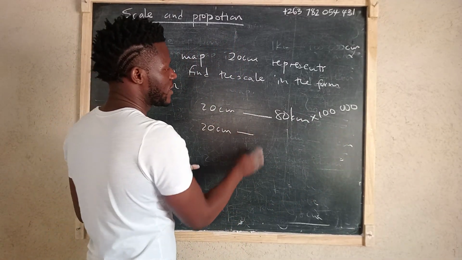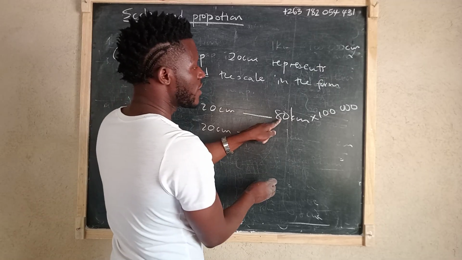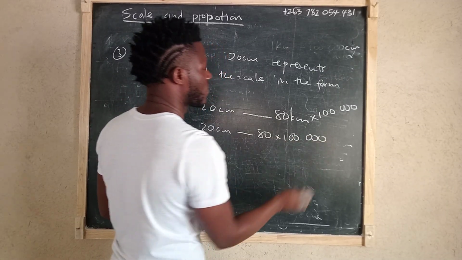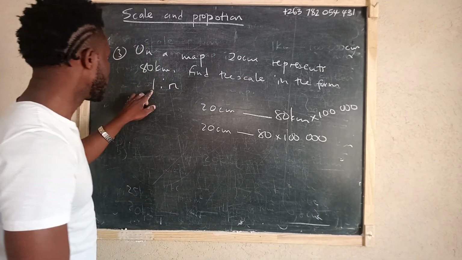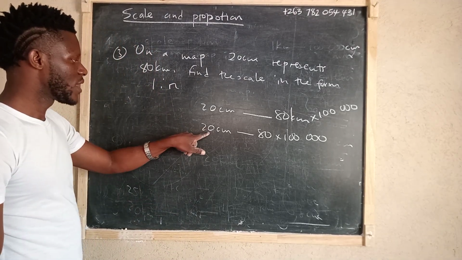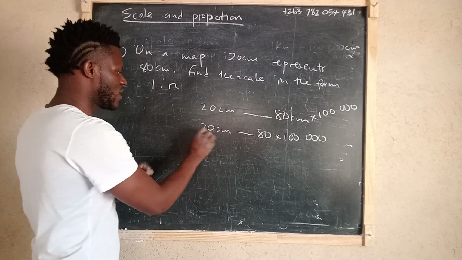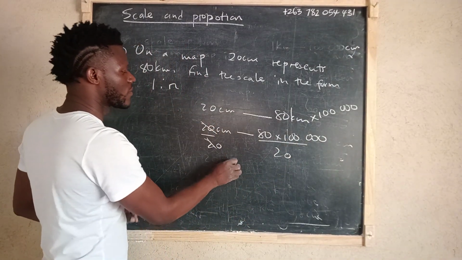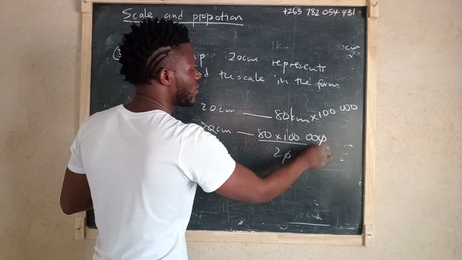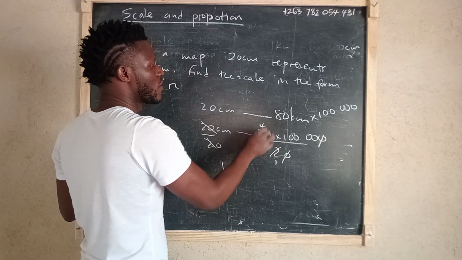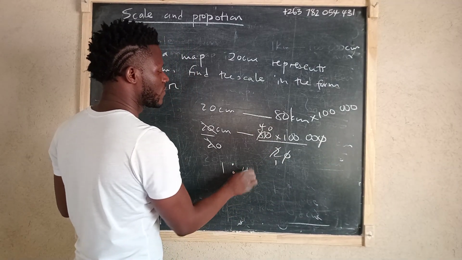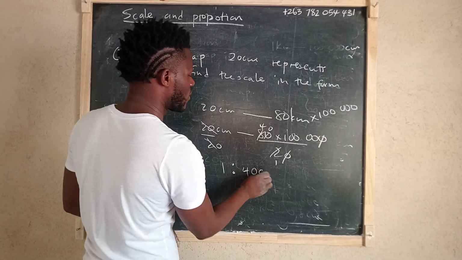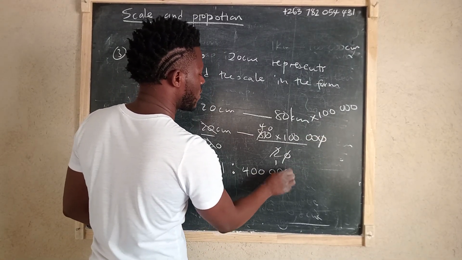20 centimeters is 80 times 100,000. Then the scale must start with 1. To make 20 a 1, you divide by 20 both sides, so that you get 1 to 4 followed by zeros.